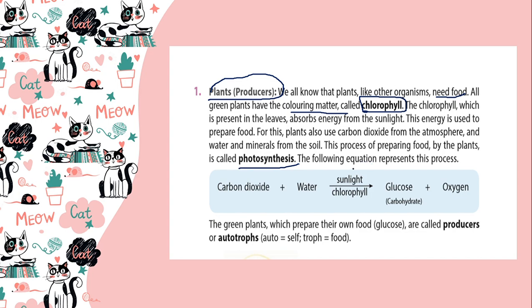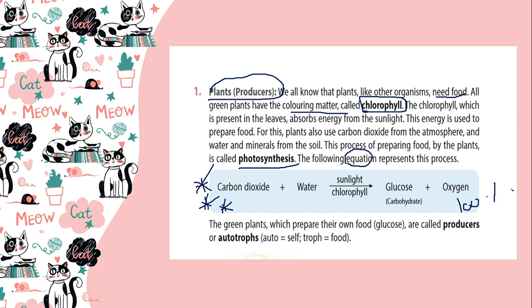The following equation represents the process. Now this is the most important thing of the chapter which you have to learn, and which will also come 100% in the exam. This will come 100% in the exam and this is very important.